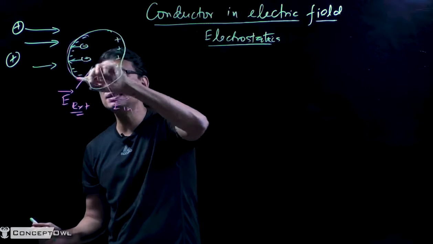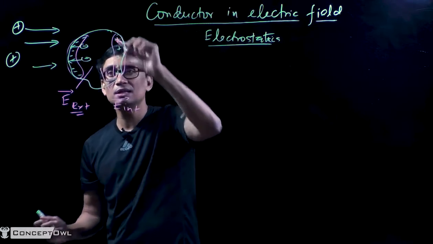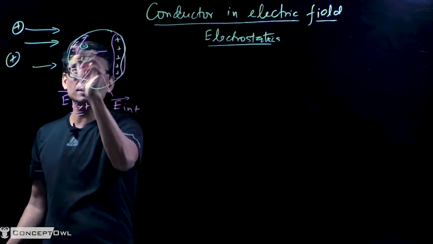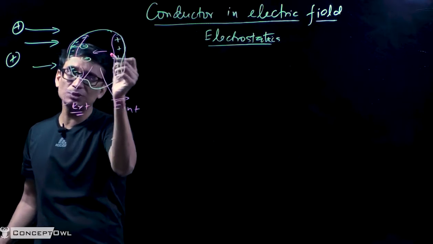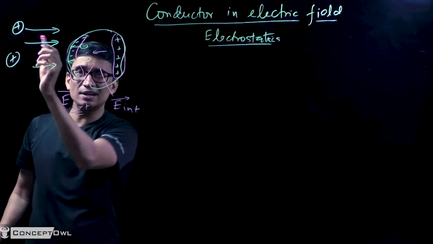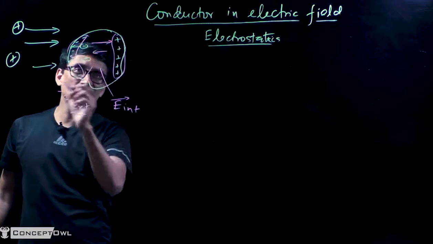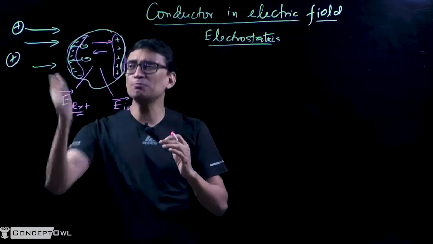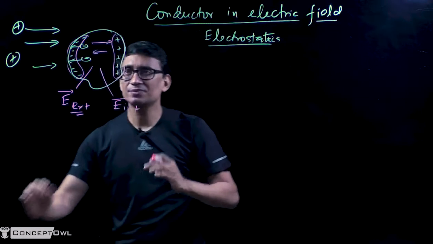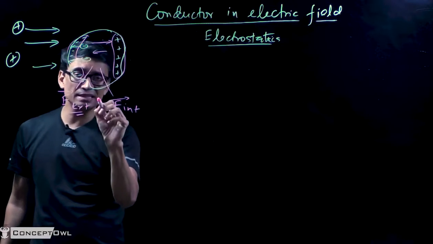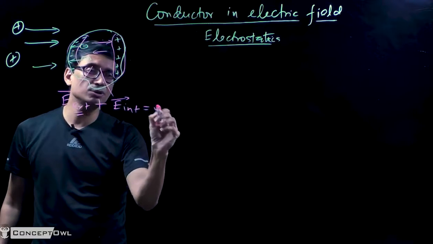This is a plus charge, so it would cause a field in this direction, and these negative charges also would add to it. The external field is in this direction, and the internal field is in the opposite direction. So these charges would keep moving until these two fields are equal and opposite, and as a result, E external plus E internal will become equal to 0.